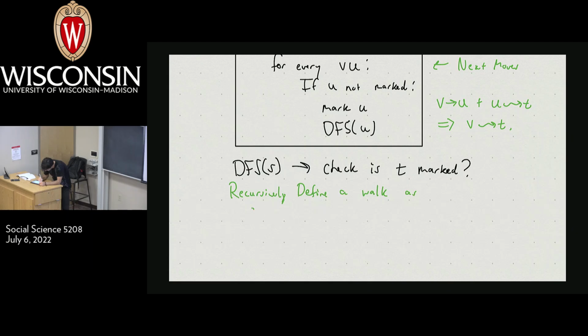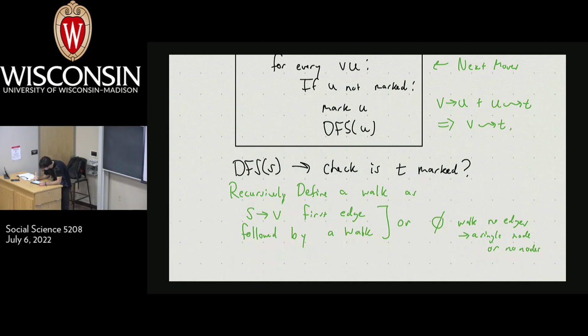So first edge, S to V, followed by a walk, or a walk is the empty walk. So that could be just a single vertex, for example. Or it could be literally no nodes. It's just empty.